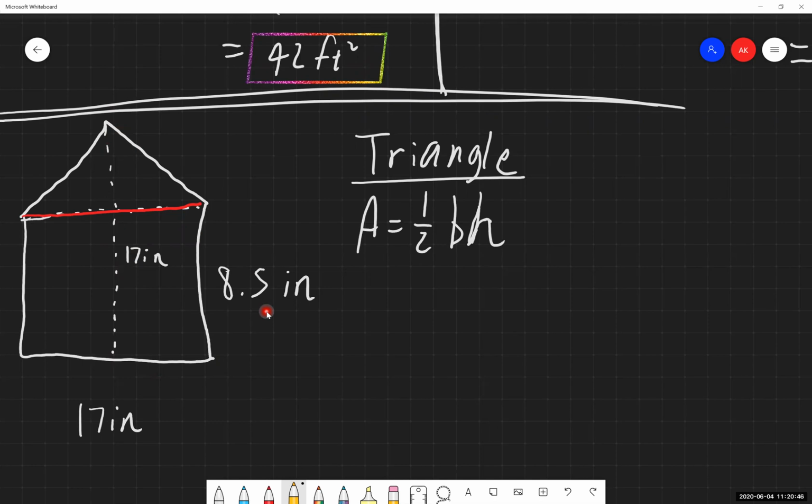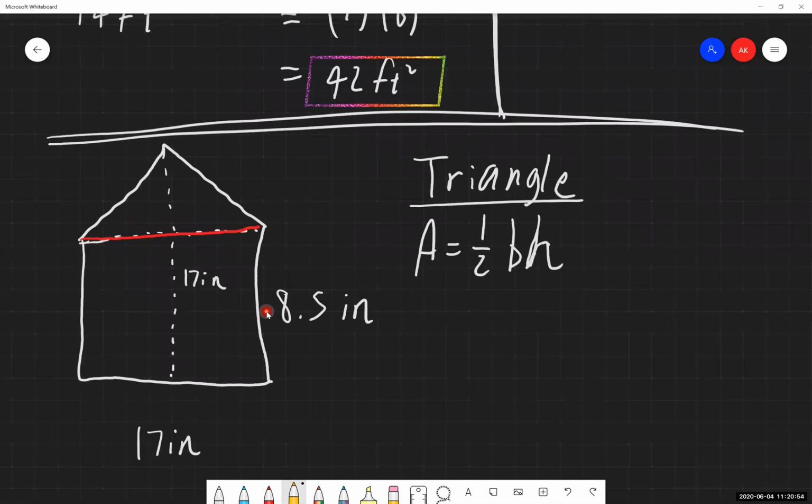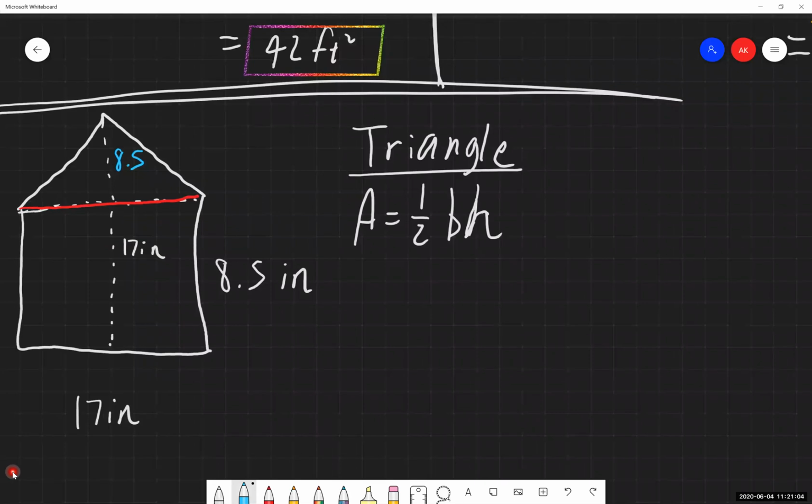Making sure I'm not doing the mental math incorrectly because decimals are showing up, that's going to tell us that the height of that triangle is also 8.5. So again, I'm looking just at the triangle for now, determining the area.